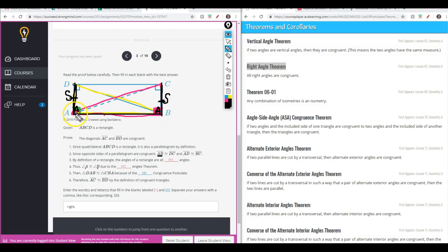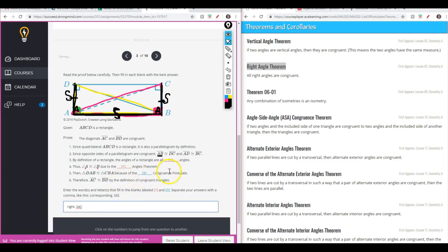And now we have one last thing. This side, AB, is congruent to itself because it's the same side. And notice that it is in both the yellow triangle and the pink triangle. So we have side, angle, side.